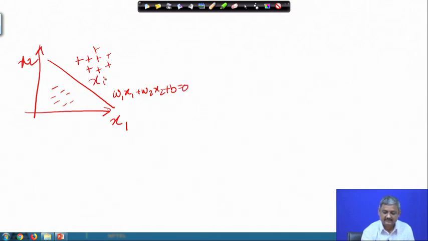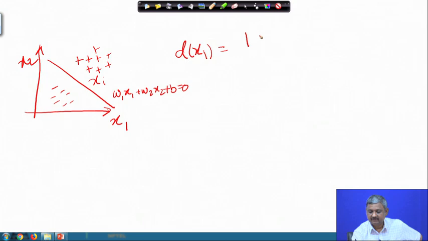Take a point x_i. So, d(x_i) to this line is the absolute value of w1 x1_i plus w2 x2_i plus b.